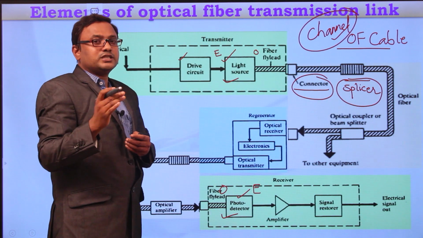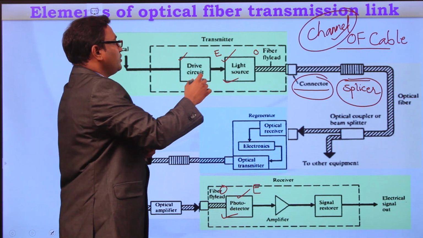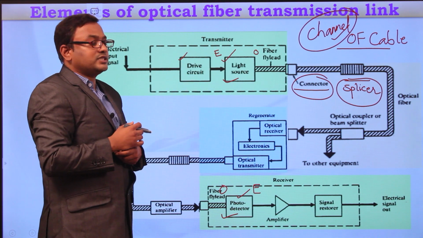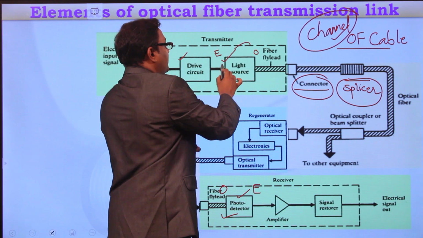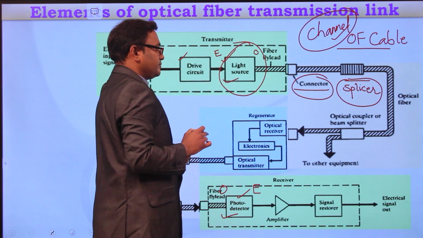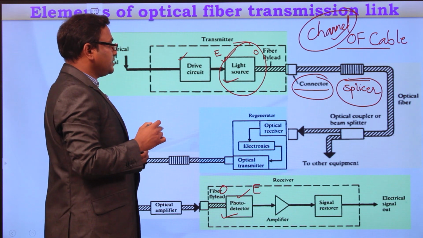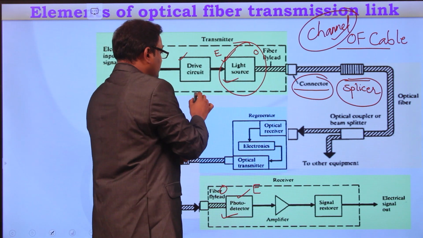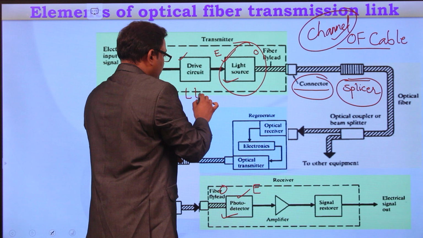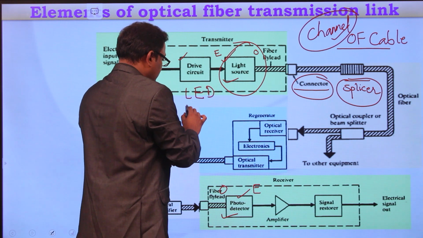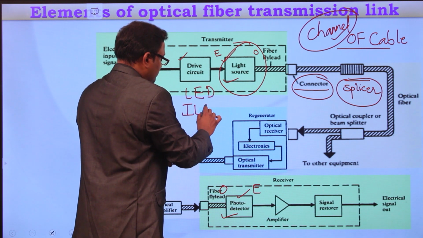Upon learning about the channel, we are going to focus on the transmitter section, in which the optical source is new to us. What are the various optical sources available? They are LEDs and laser diodes.